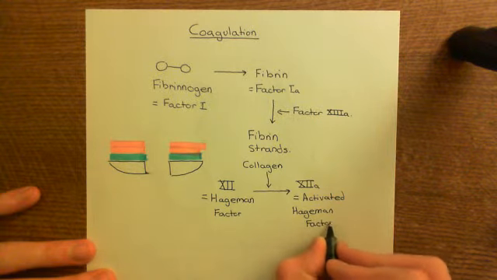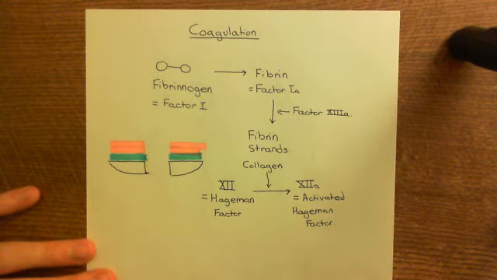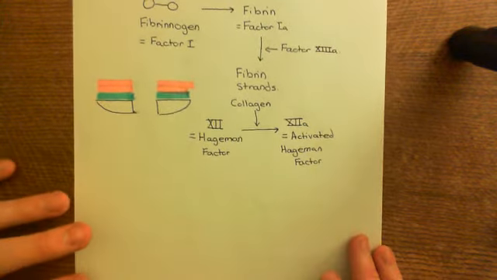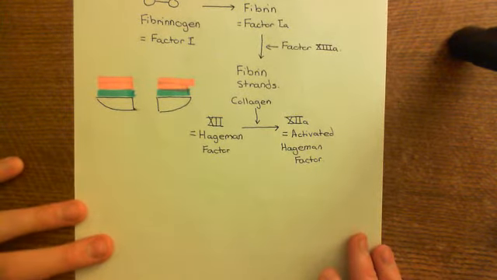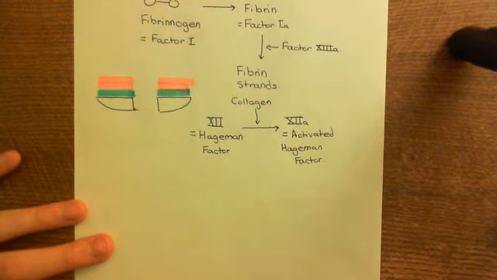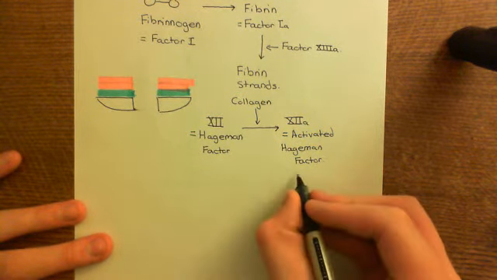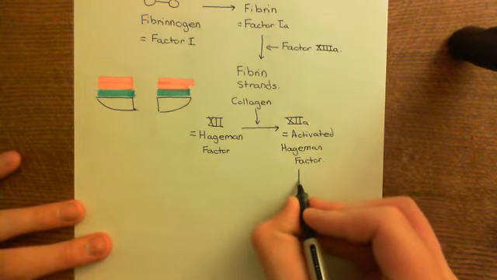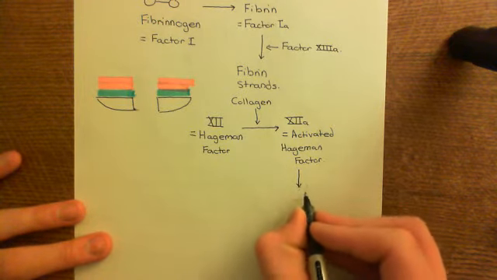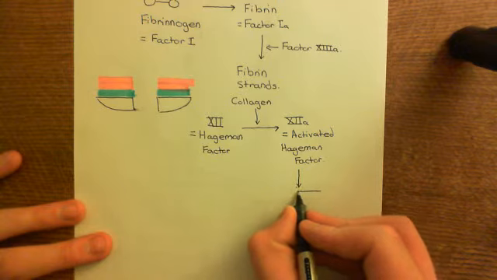Right, now what does factor 12 do once it's been activated? Well, basically it starts off a whole coagulation cascade, and this is why the coagulation cascade is known as a coagulation cascade, because it just activates a whole bunch of other proteins. So it now activates another clotting factor.